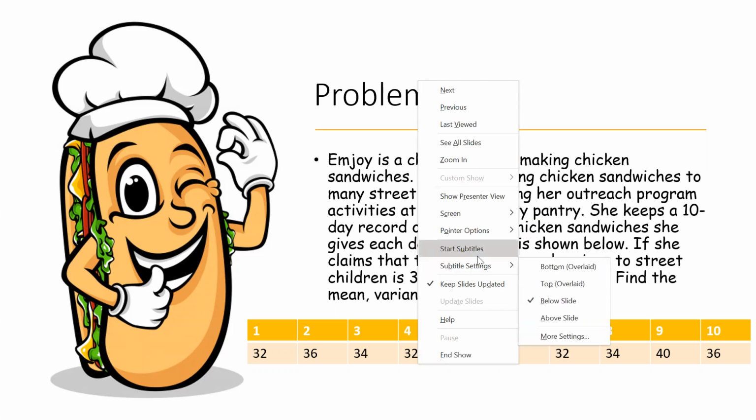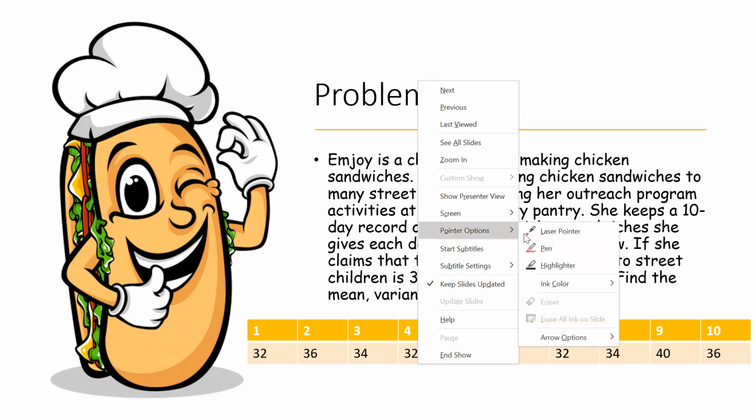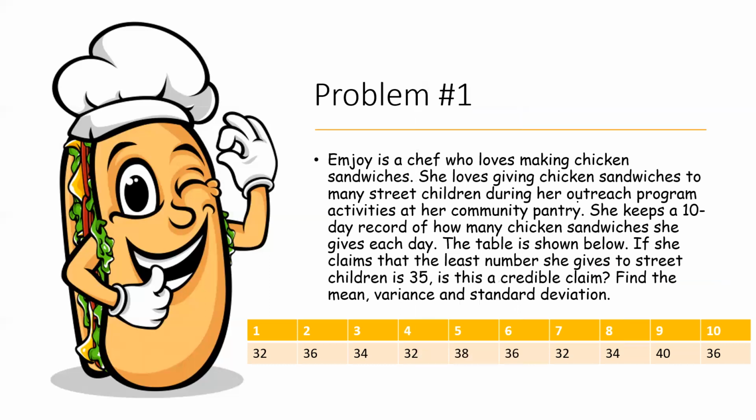So the given is the number of sandwiches per day that Joy gives. Okay, so can we count? How many 32s do we have? We have 2. How about 34? We have 2 also. I'm going to place a tick mark.